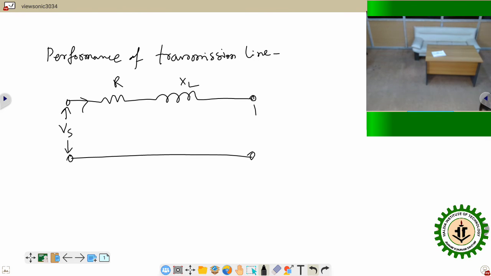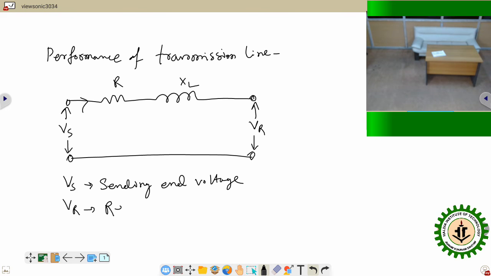What I have told you, this is the sending end voltage. Here, what I have told you, receiving end voltage.